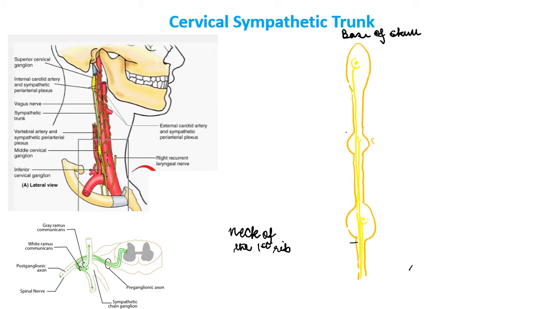So instead of having their own white rami communicans, there was no white rami communicans coming into these 3 ganglia. Instead, the preganglionic sympathetic information comes through this connecting trunk, which is connecting it through the thoracic part of the sympathetic trunk. This is very important. You need to understand this. If you understood this, half the job is done.